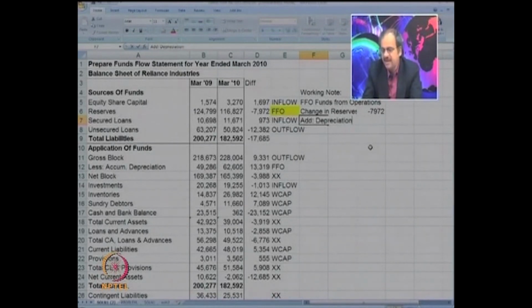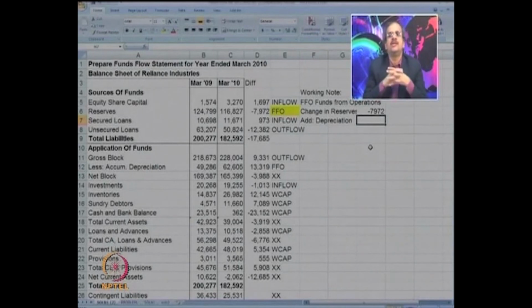Why is it added? Is anyone able to remember? We have discussed it at the time of making cash flow and also at the time of making fund flow. What happens is depreciation is charged as an expense, but there is no outflow for it. So, when we are calculating the funds from operations or cash from operations, it needs to be added.